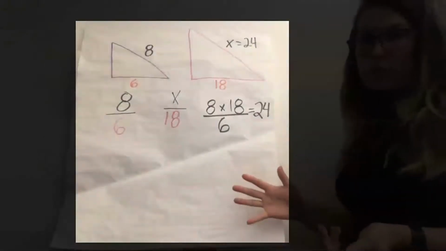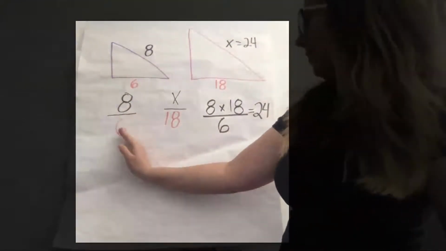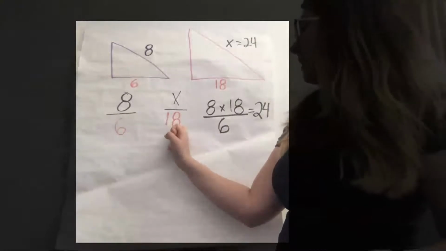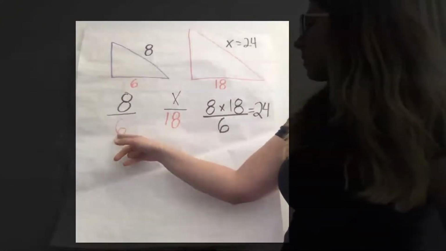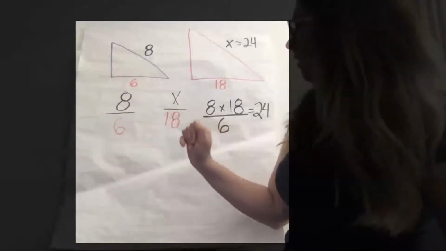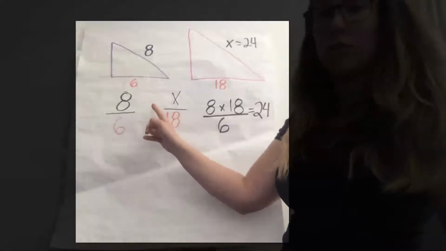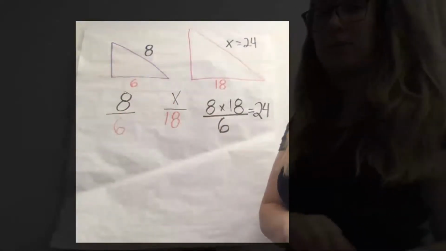Now another thing you could do is, if you know that something times 6 equals 18. So if I looked at this, I'm like, well, 6 times 3 equals 18. Then that means if it's proportional, 8 times 3 has to be x.